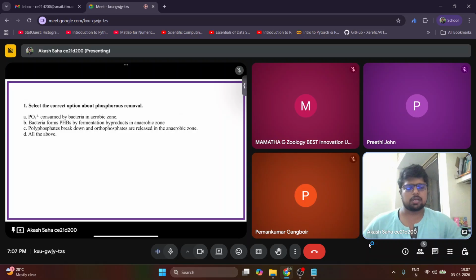You can mark the correct option in the chat box. What do you think is the correct option? This question is about the biological phosphorus removal technique. We have the anaerobic zone and the aerobic zone, and there are many processes going on simultaneously.